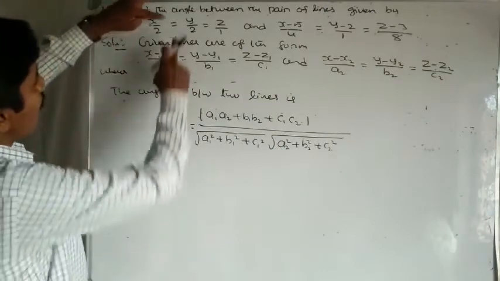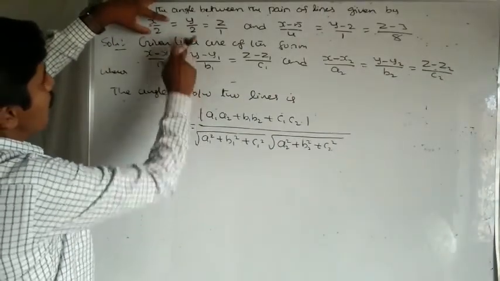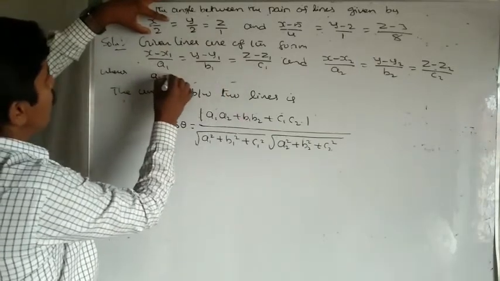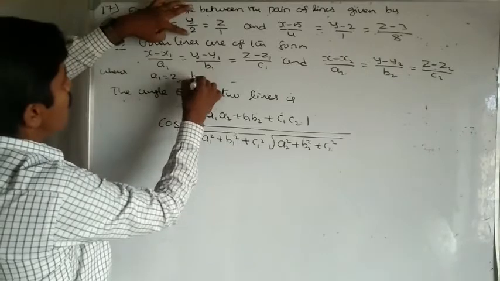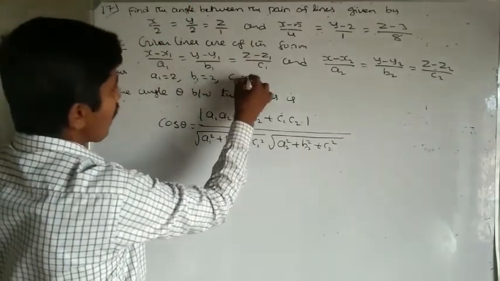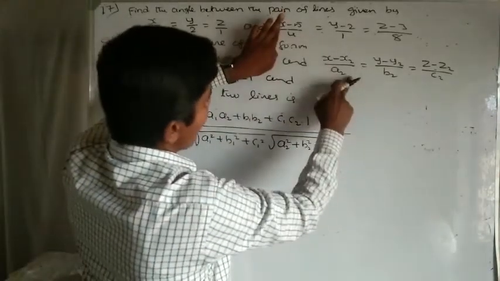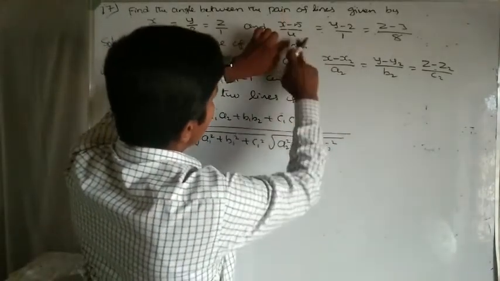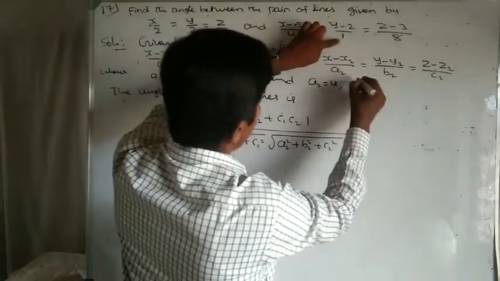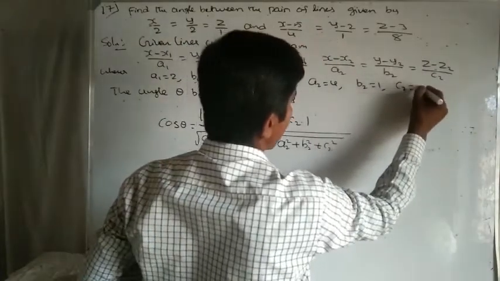Comparing the given lines with the standard equation, the denominators give a1 equal to 2, b1 equal to 2, c1 equal to 1. Comparing the second equation, a2 is equal to 4, b2 is equal to 1, c2 is equal to 8.